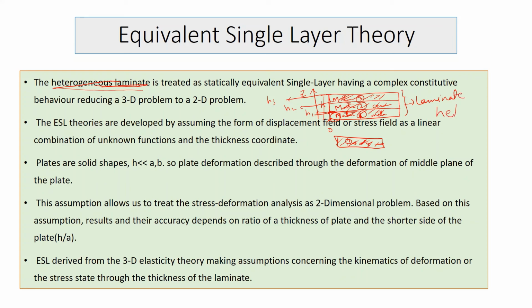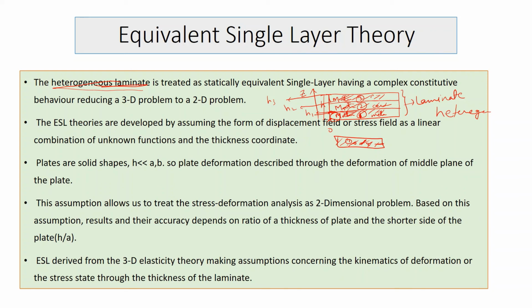Laminate is heterogeneous, meaning it depends upon the position; if we cross from this to this, the material value would change. We know the definitions: a homogeneous material is independent of position, or positional independence is there, but a heterogeneous laminate is one where the material properties depend upon the position, that is, if the XYZ coordinate changes.